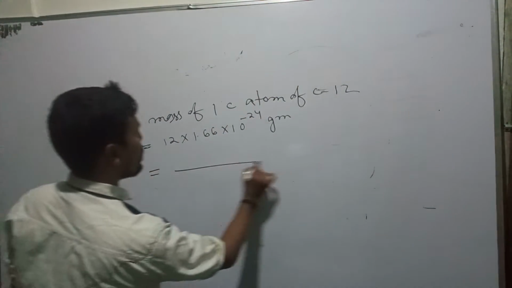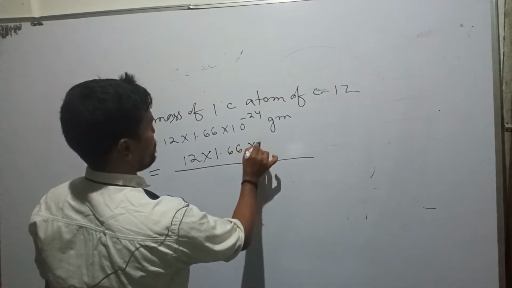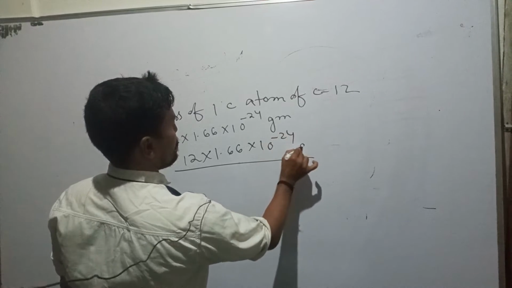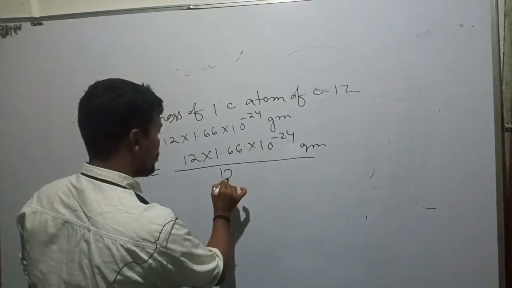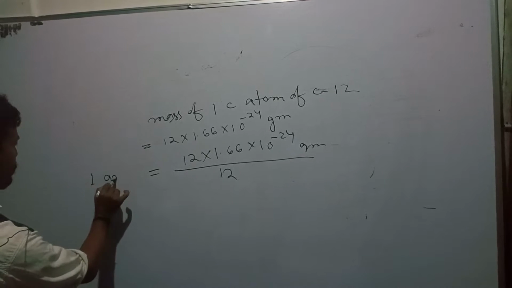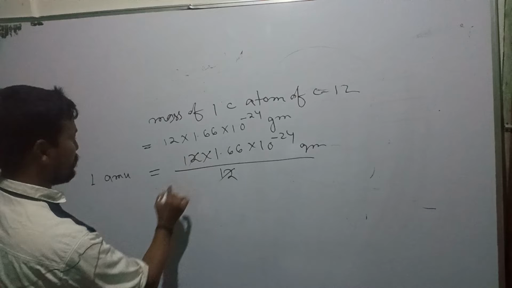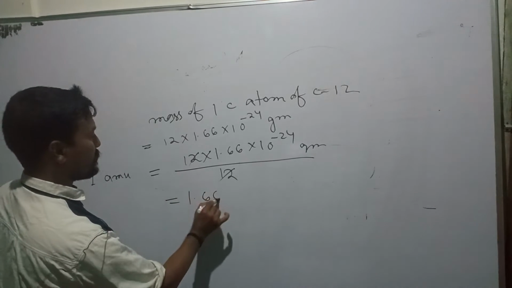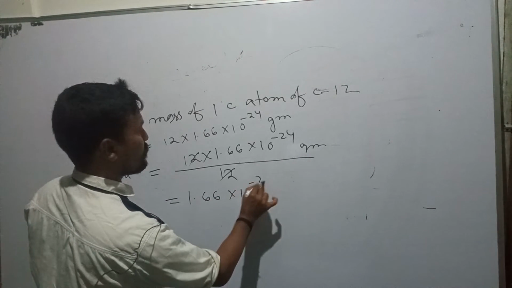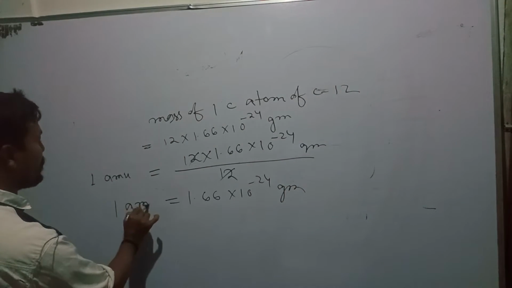If we divide this quantity by 12, then we get 1 atomic mass unit. Here 12 cancels, so 1.66 into 10 to the power minus 24 gram is equal to 1 AMU.